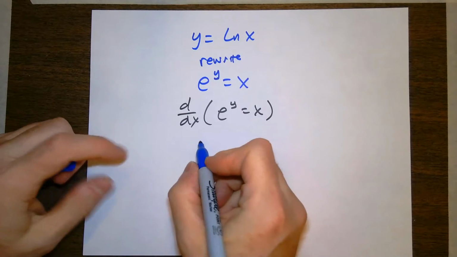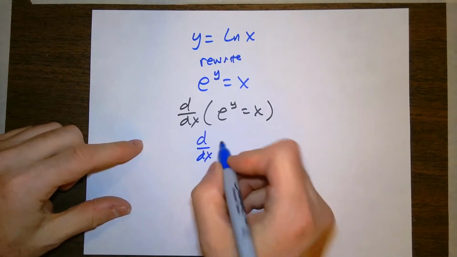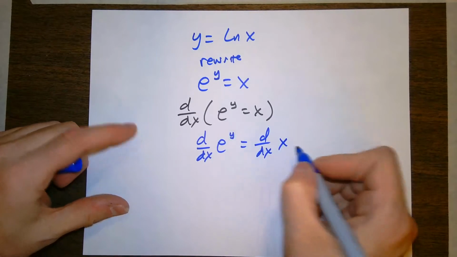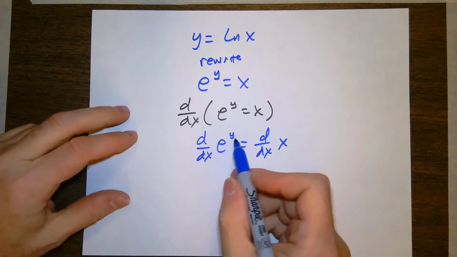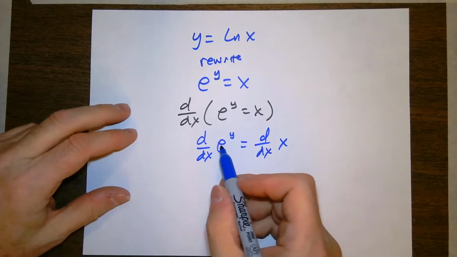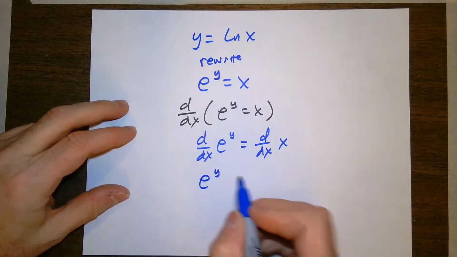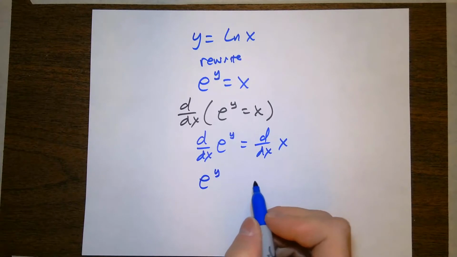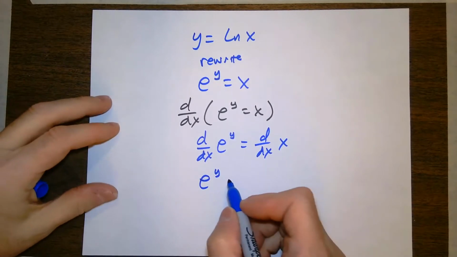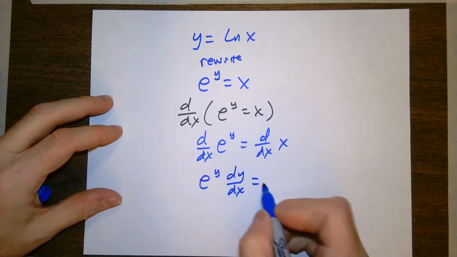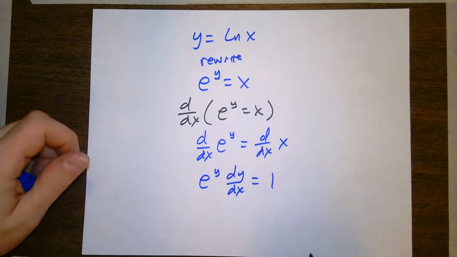And I'm going to have the derivative with respect to x of e to the y, and the derivative with respect to x of x. e to the y, we know this one. The derivative of e to the y is going to be e to the y times natural log of e, which is just going to be 1, times dy/dx, equals the derivative of x, which is 1.